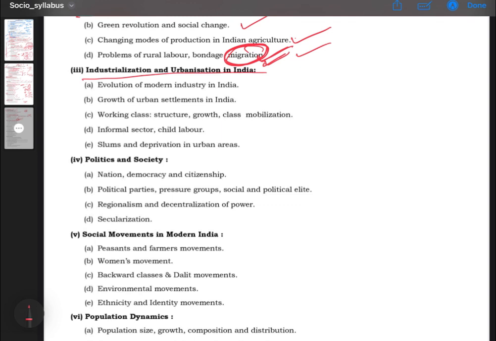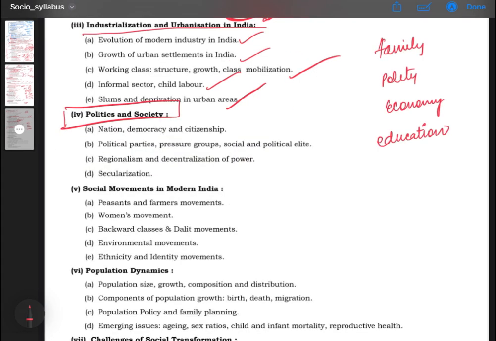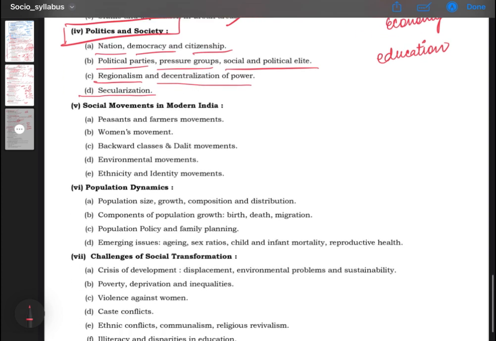Industrialization and urbanization in India. So, evolution of modern industry in India, growth of urban settlements, working class, informal sector, slums and deprivation in urban areas. Next unit: nation, democracy and citizenship, political parties, pressure groups, social and political elite, regionalism and decentralization of power, secularization.